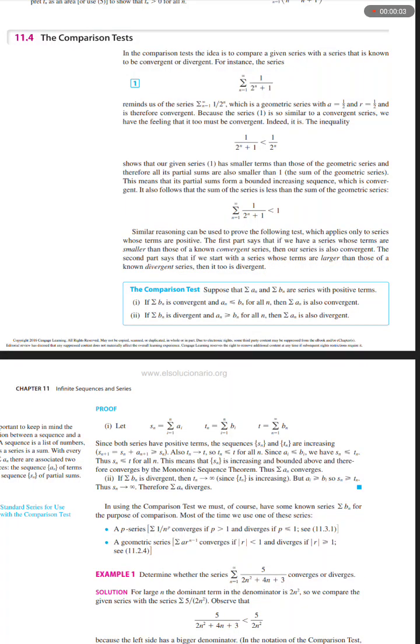11.4, the comparison tests. In the comparison test, the idea is to compare a given series with a series that is known to be convergent or divergent.